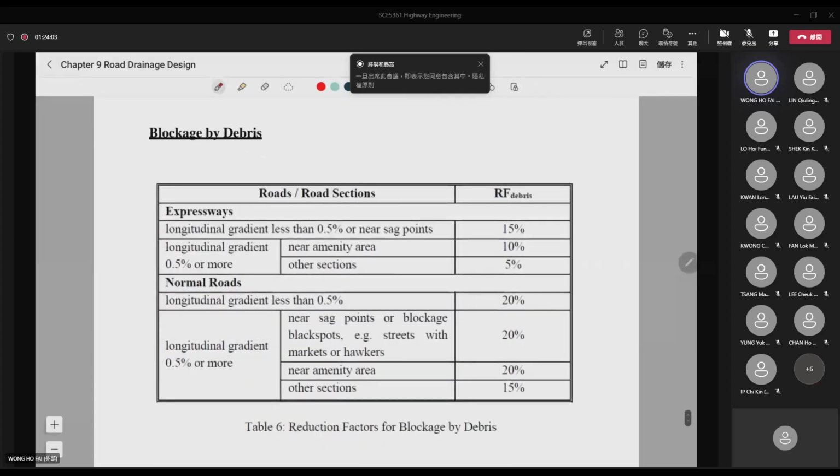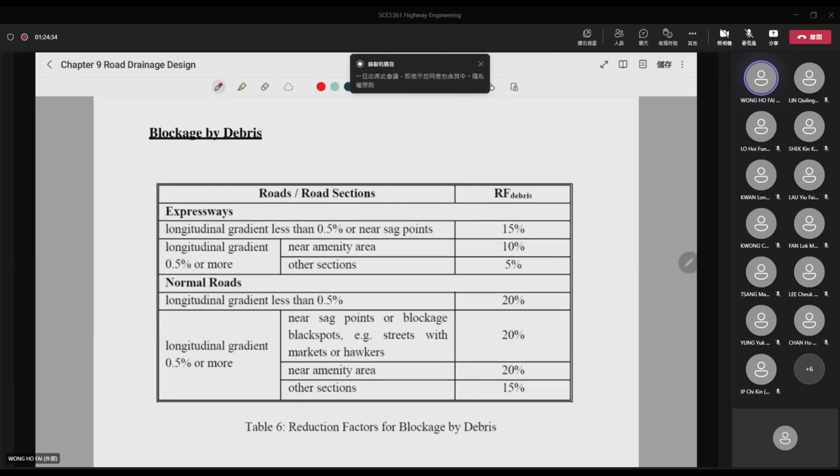So as you can see from this table, if it is for the expressway, then the longitudinal gradient is less than 0.5% or near the sag point, then the reduction factor is equal to 15%. If the longitudinal gradient is 0.5% or more, like near the amenity area, like the landscape area, then it is just 10%.